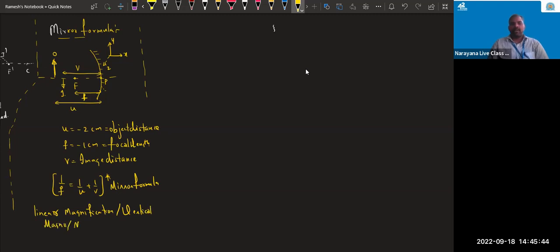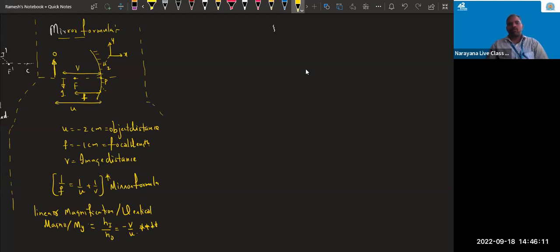Or magnification along y-axis. What is the magnification along y-axis? Height of the image by height of the object equal to minus image distance by object distance. This also remember.